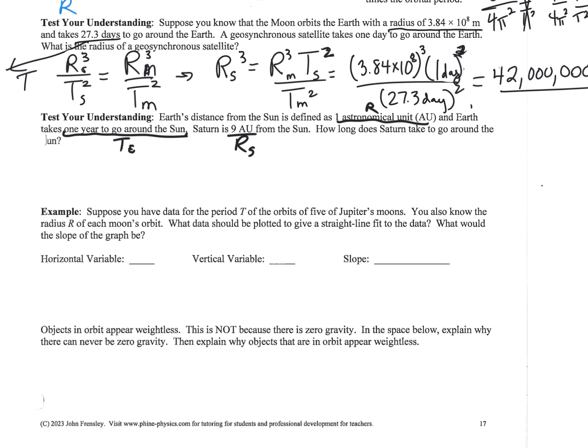We know that since these are both around the same body, which is the sun, the radius of the Earth cubed over the period of the Earth squared has to be equal to the radius of Saturn cubed over the period of Saturn squared. We're looking for the period of Saturn.